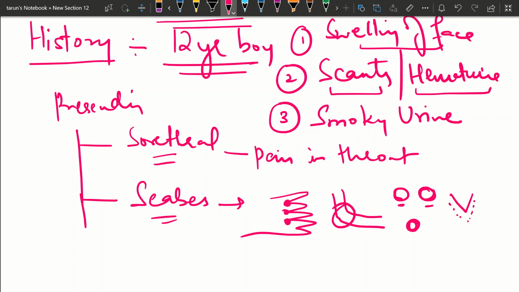So there will be a preceding history of scabies, and these are the sites where the lesions can be seen. They also have itching all over the body if the skin is involved in a case of scabies. So there may be a history of sore throat, there may be a history of scabies.